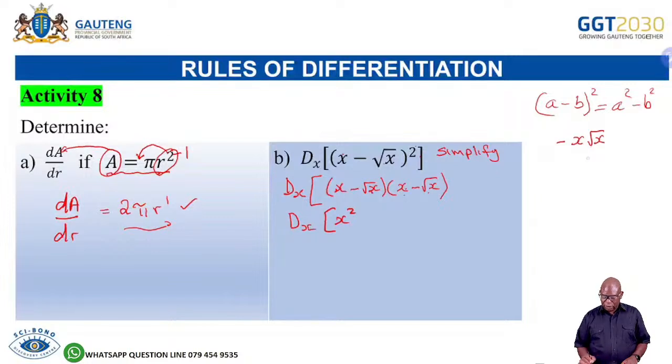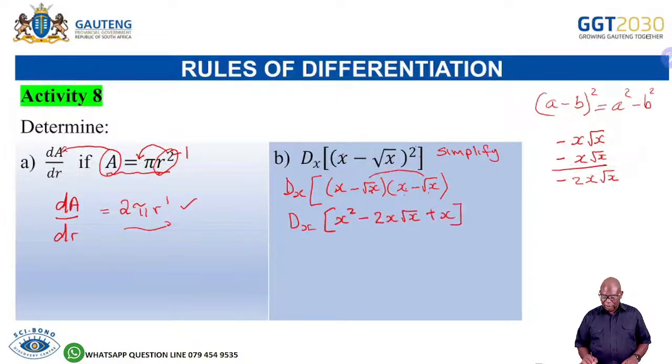Then this one times that is still the same thing, negative x square root of x. If I add these, I have 2x square root of x, but with a negative sign, so my answer there will be negative 2x root x. Then negative root x times negative root x will give me an x.